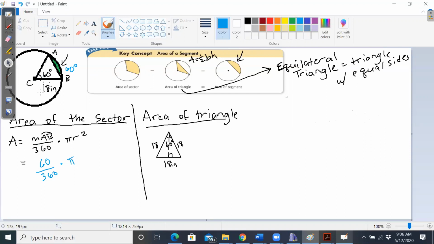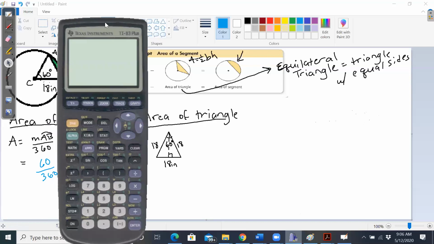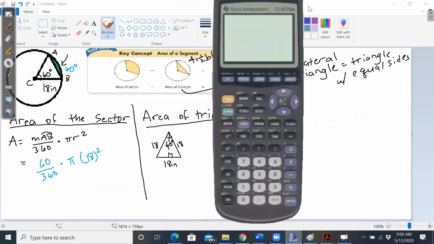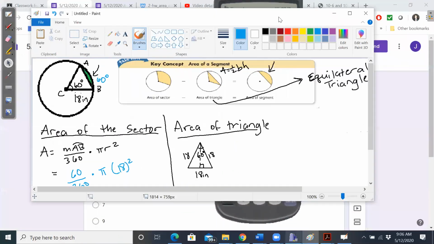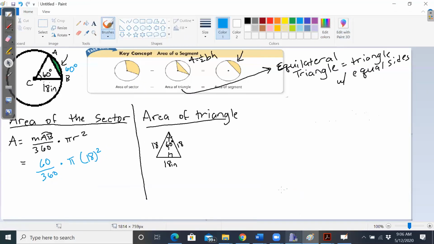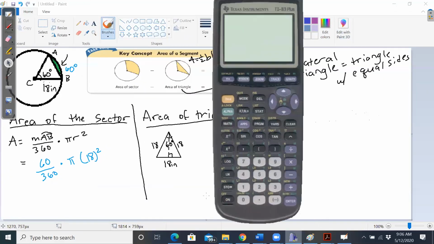Now our radius is 18 squared. With this one, we need to simplify that, so we're going to be using this calculator that disappeared behind the screen.